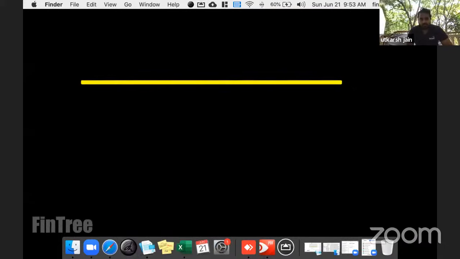So what the question really requires us to do here is to get the payment. Now, in order to get the payment, it's important that we have a present value and future value.